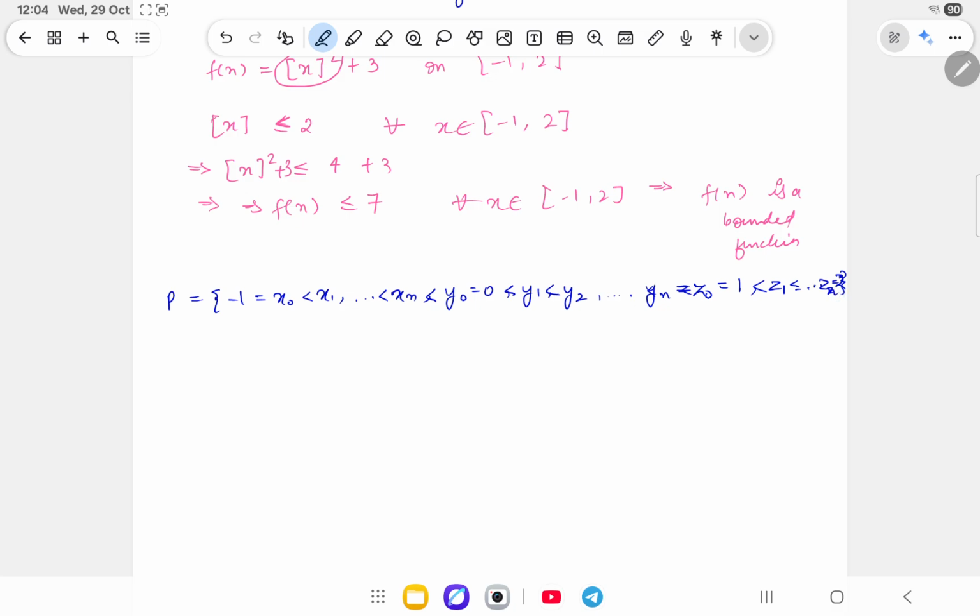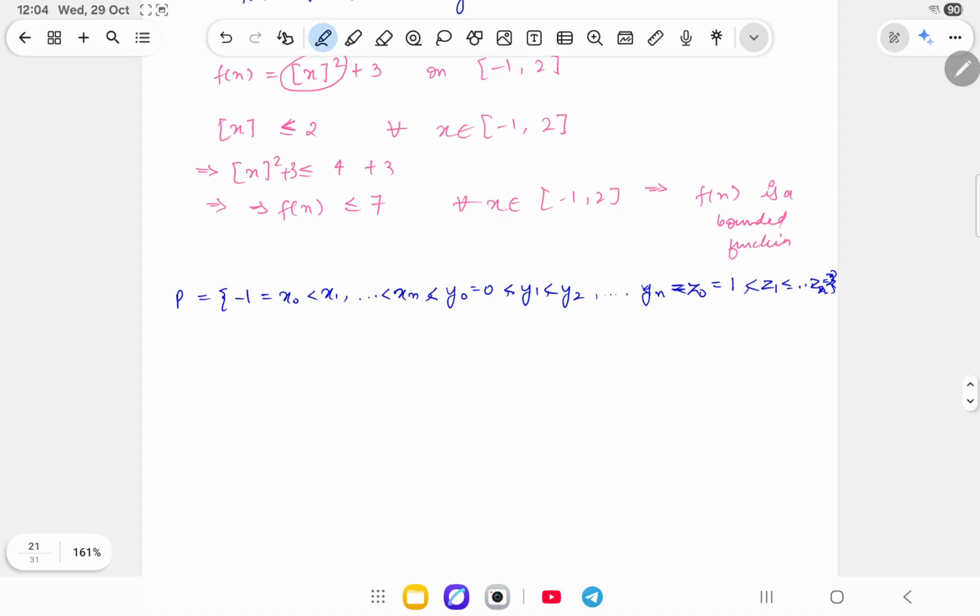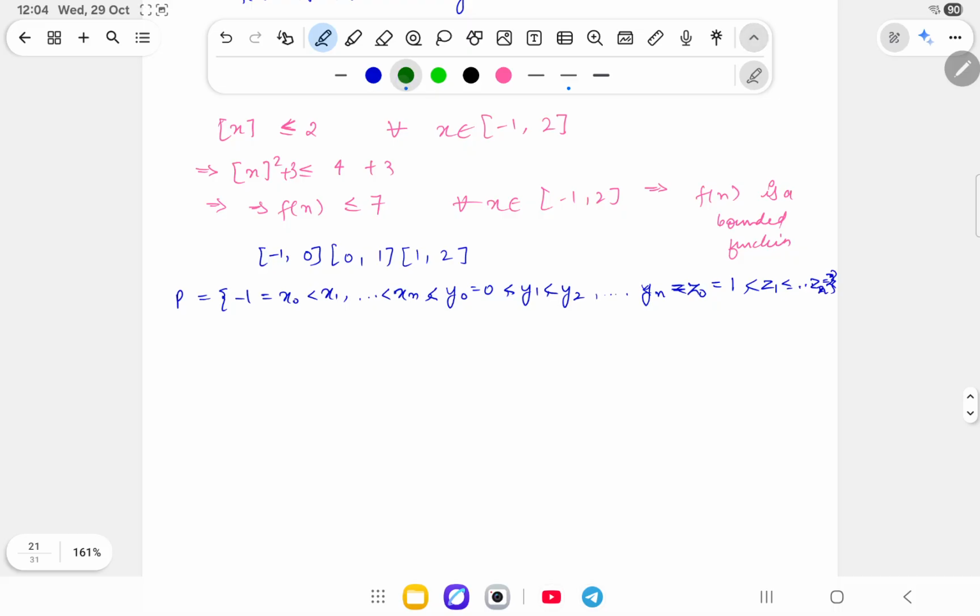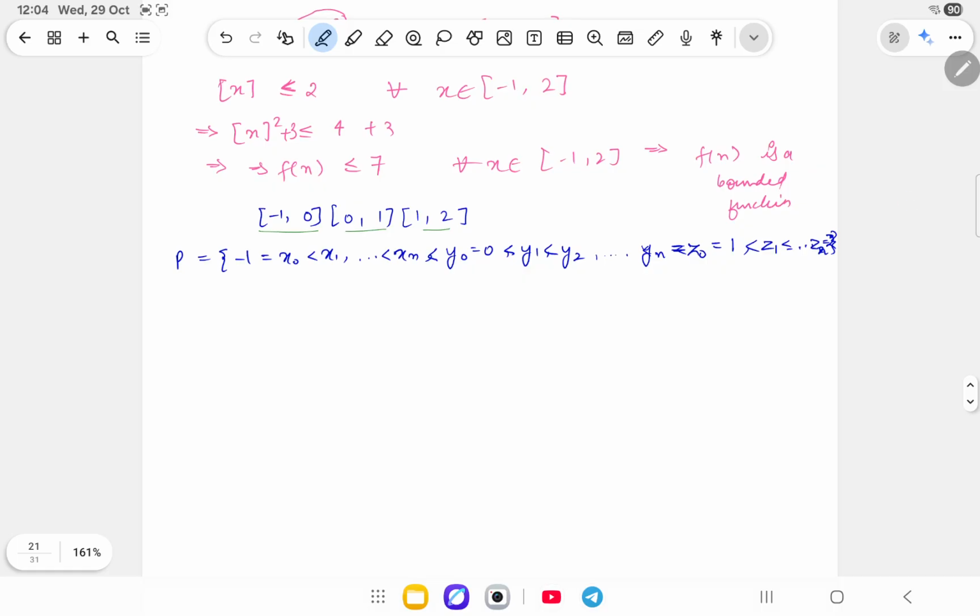I have taken these three notations, xi, yi and zi, so that I can make the partition specific to the integer points. For example, the xi are the partition of the interval minus 1 to 0, likewise the yi are the partition of 0 to 1, and the zi are the partition of 1 to 2. I have done so because the greatest integer function will have the same value within each of these intervals, so I have taken these as partitions to use that information.